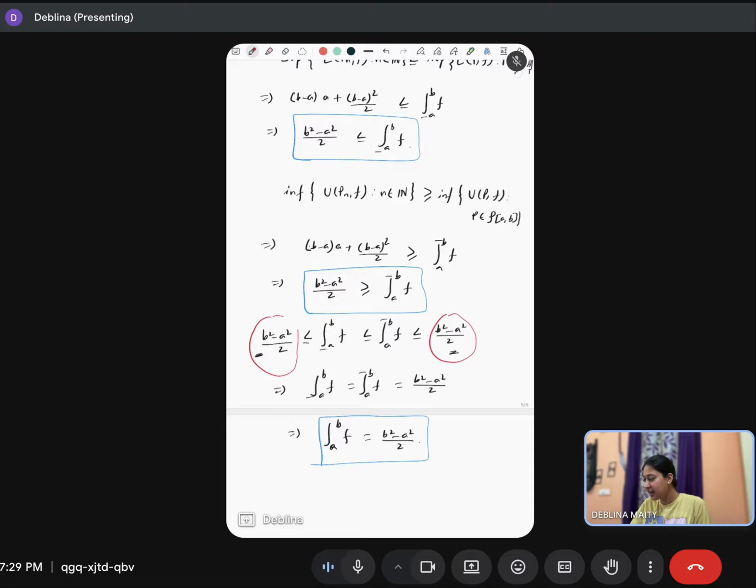Okay, now we'll define a condition for integrability, right?